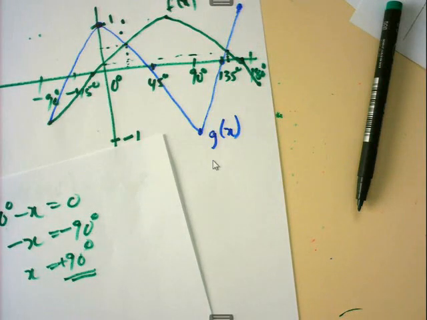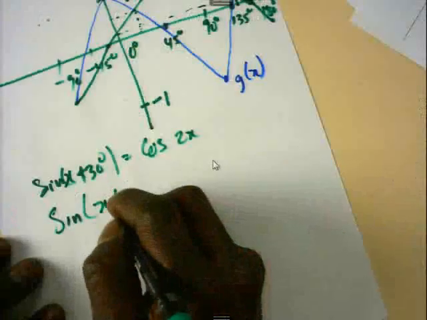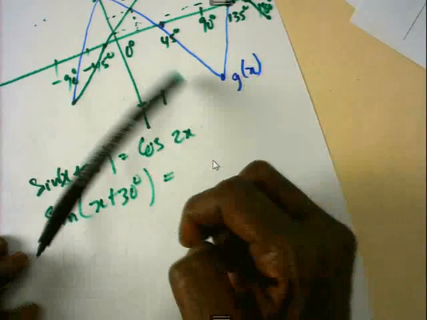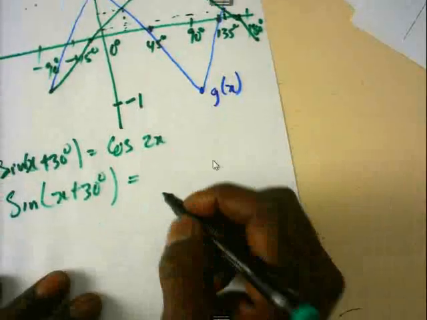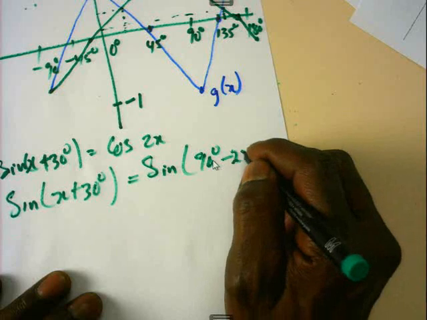Okay, folks, we took too much time, but I'm sure you'll be able to handle this one. We are going to rewrite this sine as sine of x plus 30 degrees, and cosine we just rewrite as sine of 90 degrees minus 2x.